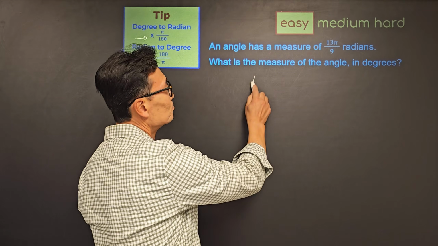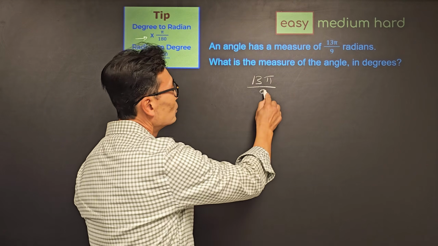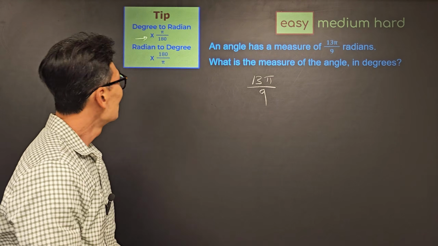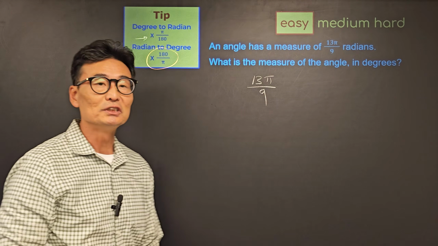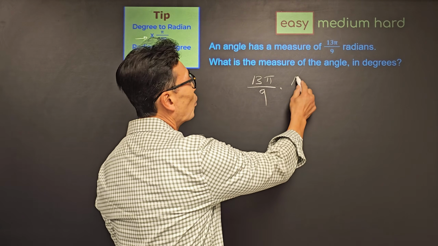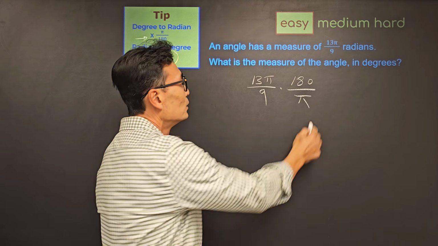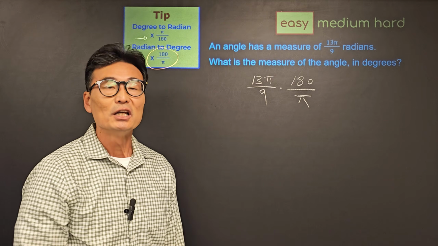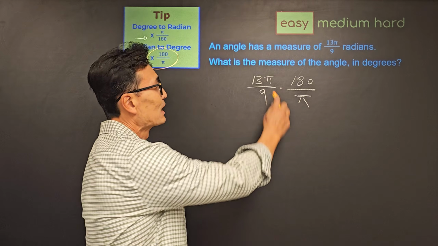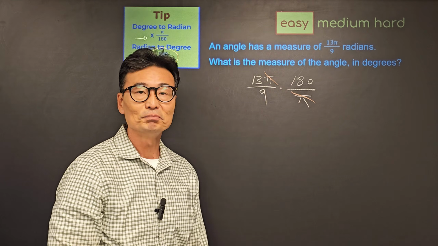We start with that 13 pi over 9. Just like we have here, to change that radian into degree, we're going to multiply by 180 over pi. You could take your calculator and multiply, or how about this? Pi and the pi cancels out.